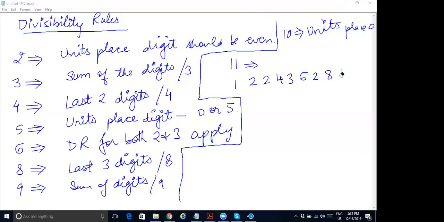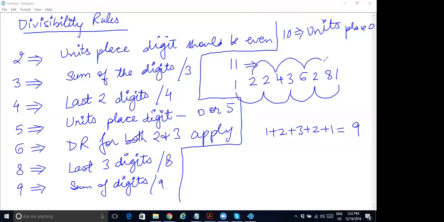This is the number. Then what do we have to do? Start from position 1 and add alternate digits: 1 plus 2 plus 3 plus 2 plus 1, which is 9. And now add the remaining digits: 4, 5, 6, 6, 6, which is 20.